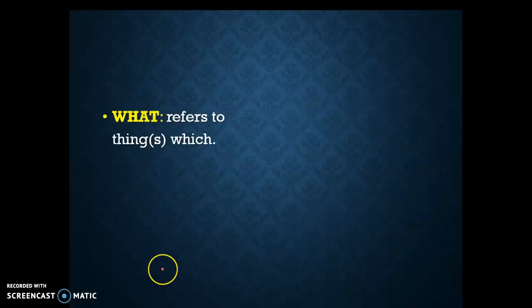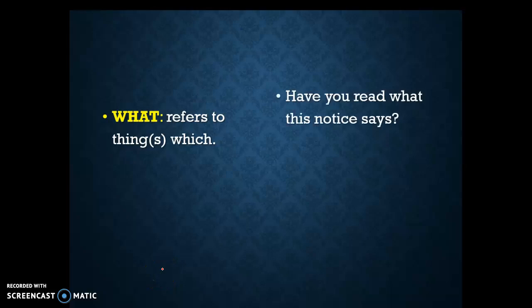What refers to things. For example, have you read what this notice says? The main clause is have you read? And we are joining the object clause with the main clause using what.